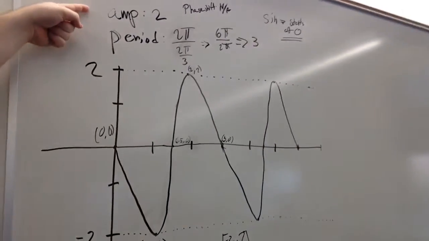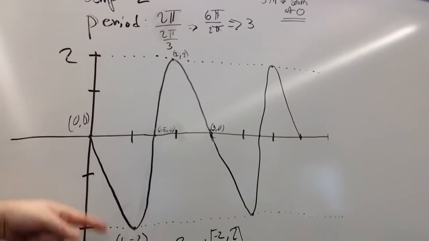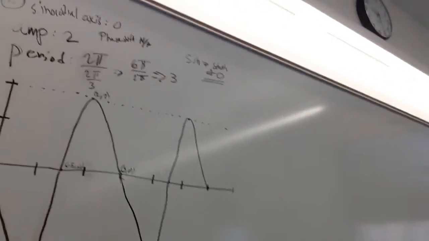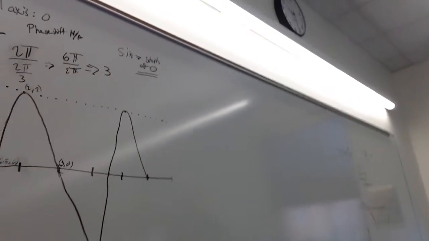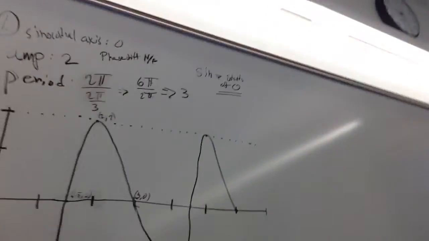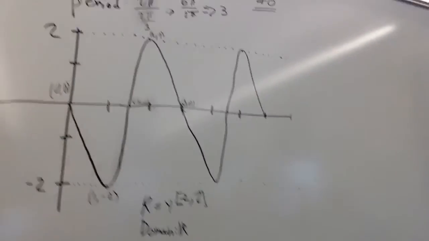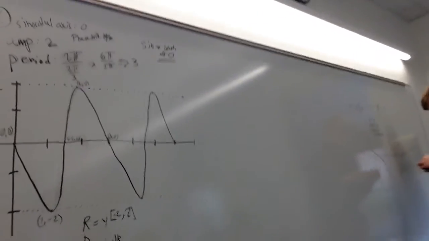Amplitude was 2. Good. Was there a phase shift? Nope. Period was 2 pi over 2 pi over 3, which just makes it 3. And there's no phase shift. So that's a perfect graph. Excellent. Beautiful. Thank you, Carl.